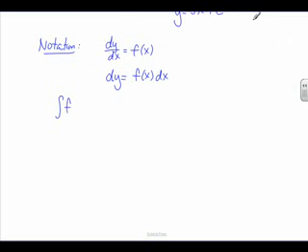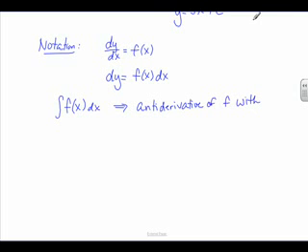So if we have the integral of f of x dx, that means the antiderivative of function f with respect to variable x. That is also called the indefinite integral of f with respect to x.